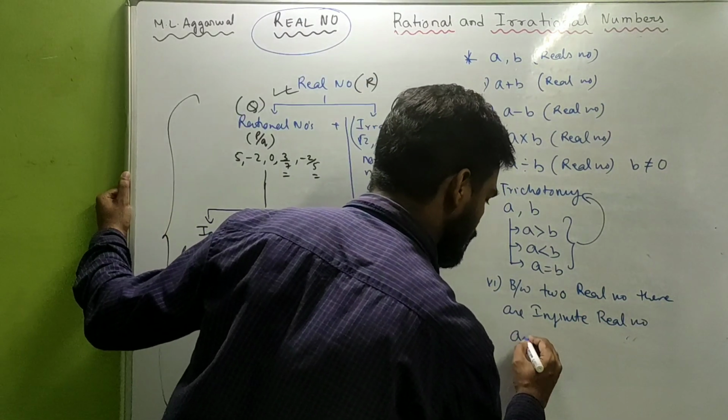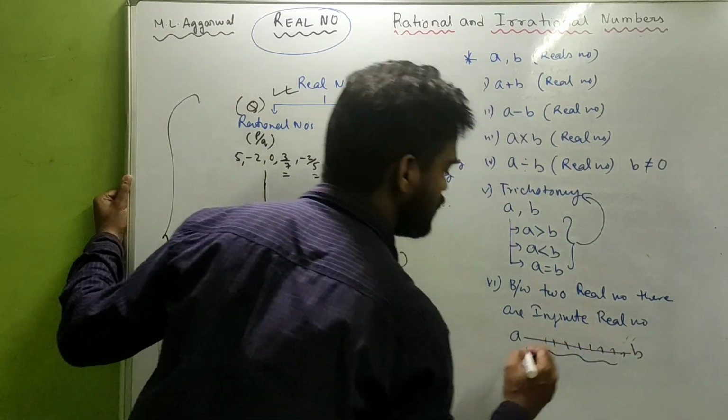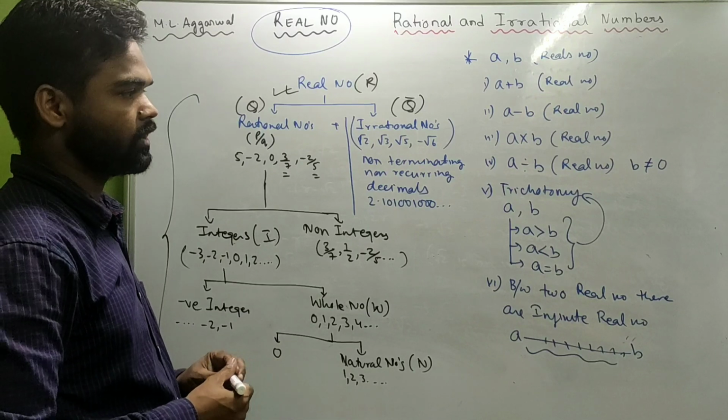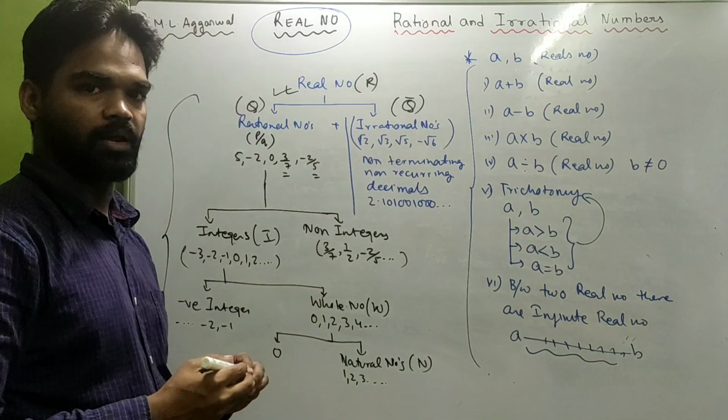Between A and B on the number line we can have infinitely many real numbers. These were some of the properties of real numbers.